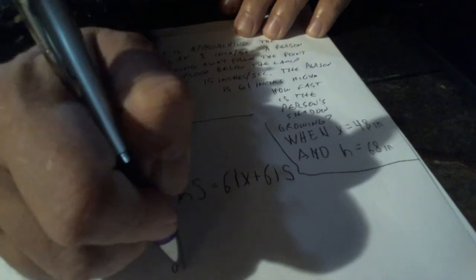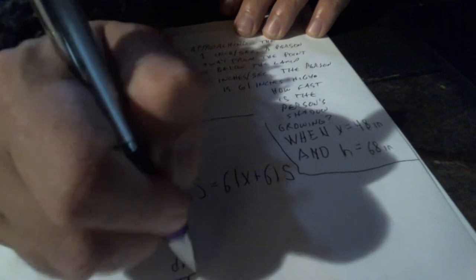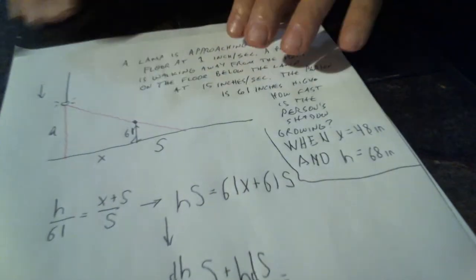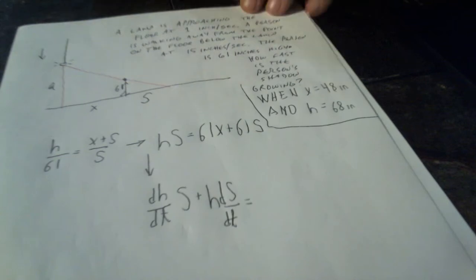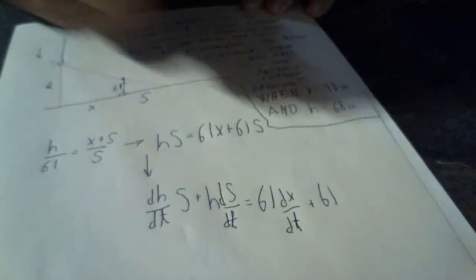I'm going to have dH/dt times s plus h times ds/dt, and that's equal to 61 dx/dt plus 61 ds/dt.